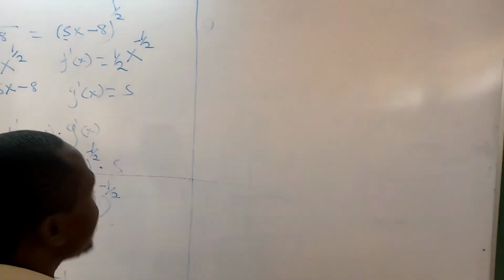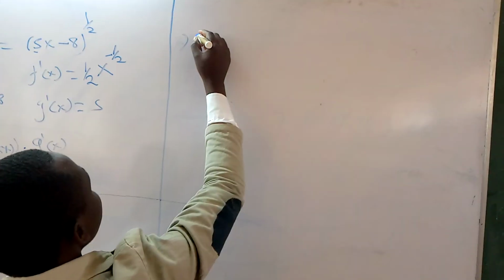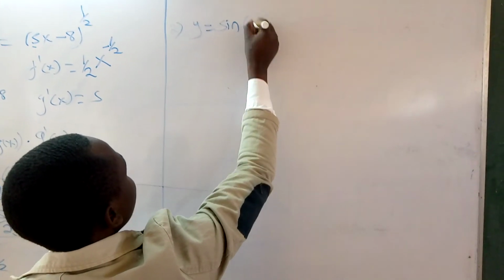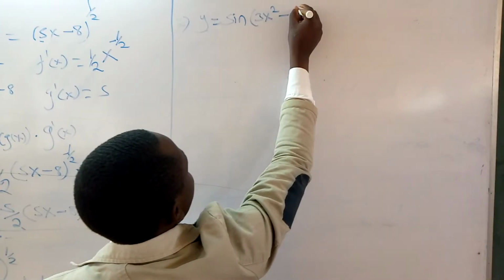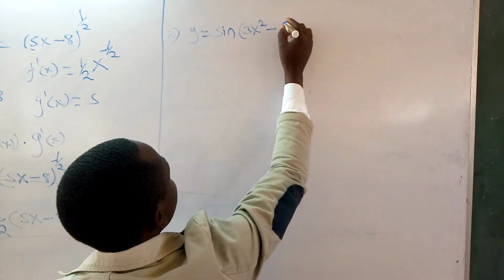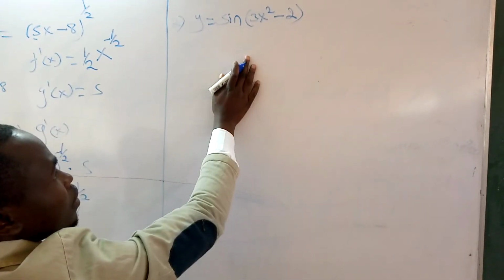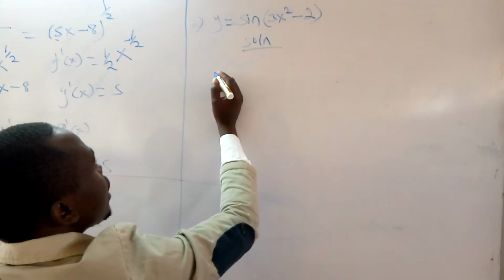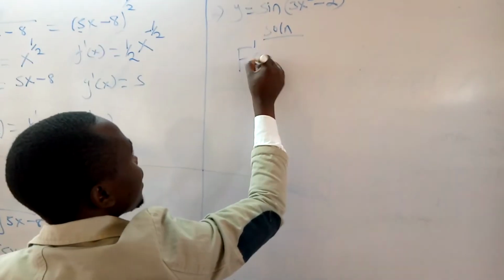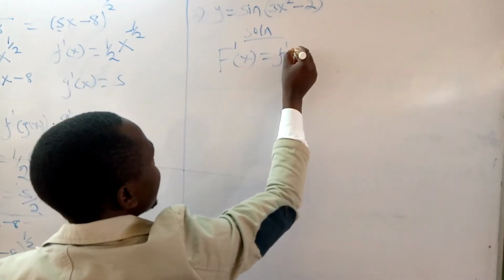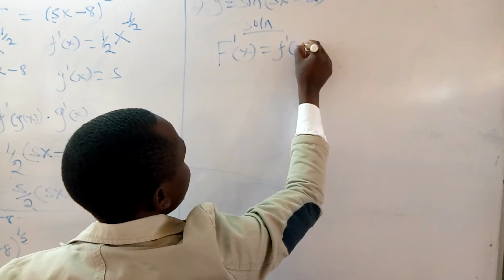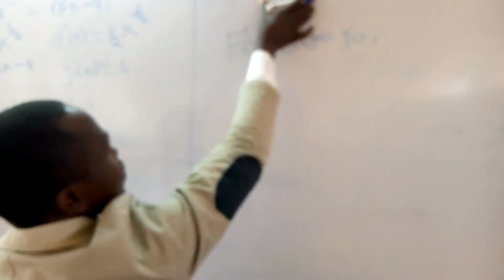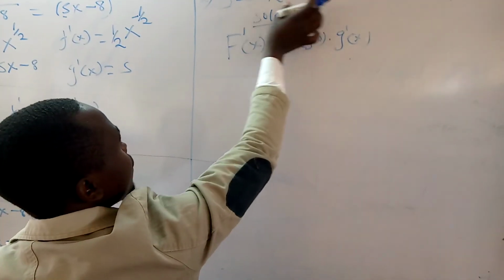Example 2: if you have been given a question like y equal to the sine of 3x squared minus 2, for you to use the chain rule, we know the formula is f of x prime is the same as f prime of g of x multiplied by g prime of x. Therefore I have to categorize this into f of x and g of x.